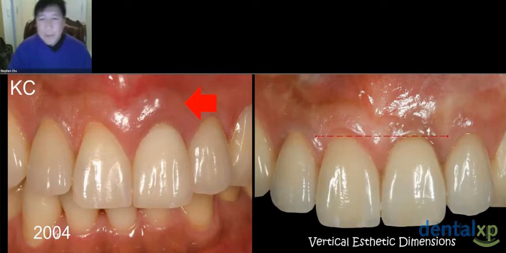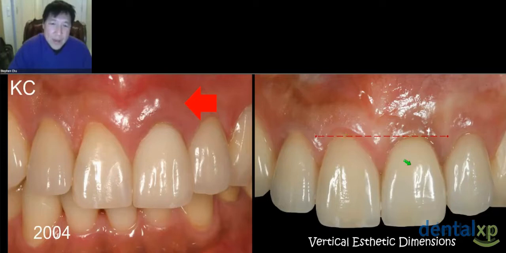Remember, we're talking about different authors and what their outcomes were. You can clearly see here that the vertical aesthetic parameters were managed pretty well. Compared to this contralateral tooth that has a little recession, we actually have none here, and the free gingival margin of the treated site is more coronal than the contralateral tooth.